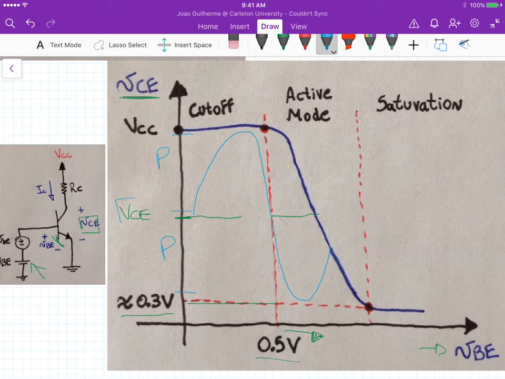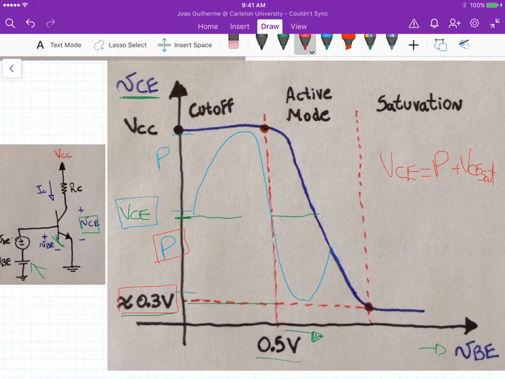So the value of VCE that we must have to allow the circuit to represent the output signal with a peak voltage of P is VCE equal to the peak P plus this 0.3 volts, which is sometimes referred to as VCE SAT.